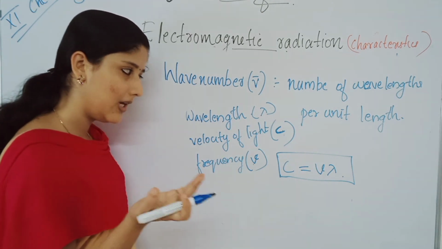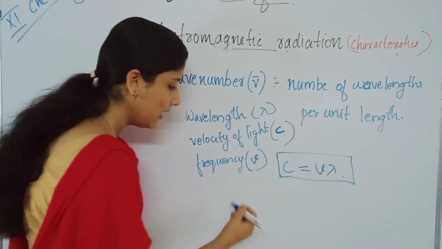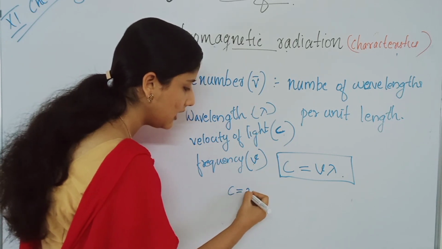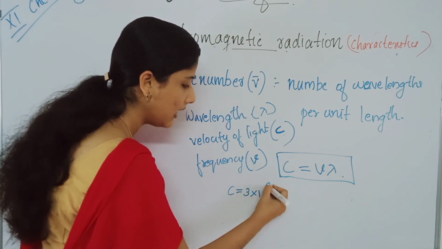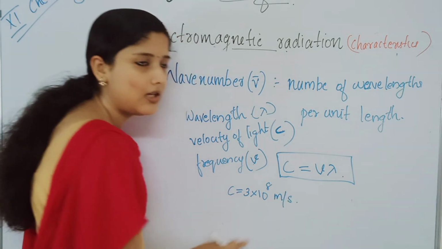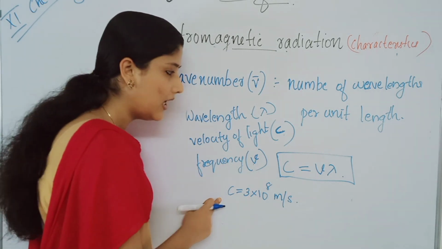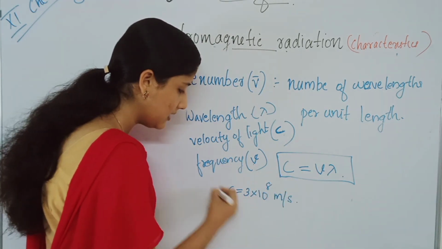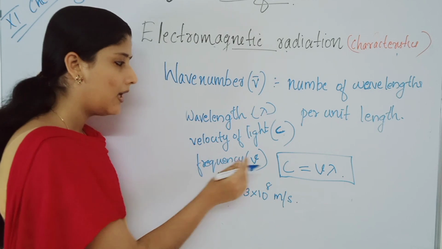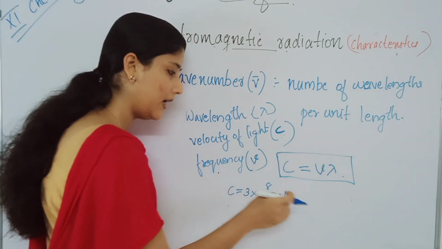c = νλ, where c value we have already studied. What is c? 3 × 10^8 meter per second. Remember the unit, meter per second. This is the value of velocity of light, and ν is the frequency, and λ is the wavelength.